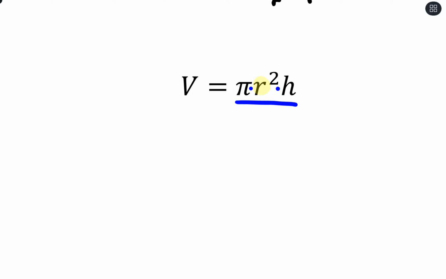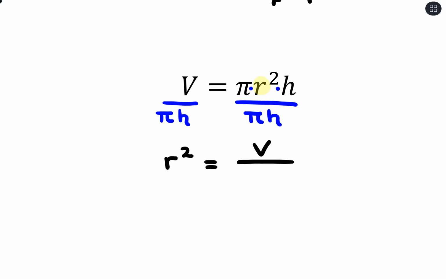So I'm going to divide out pi times h. Pi times h. So we're getting r squared is equal to v divided by pi times h.